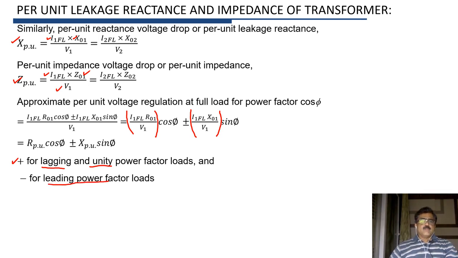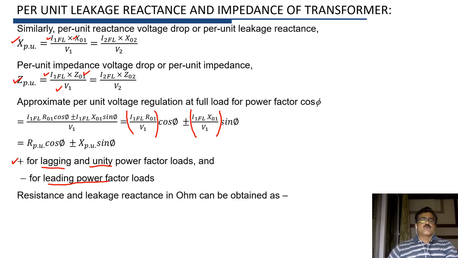Now, let us see how to calculate the resistance and leakage reactance of transformer in ohm if its value in per unit is known. We have seen that RPU is equal to I1 full load into R01 divided by V1, and here R01 is in ohm.